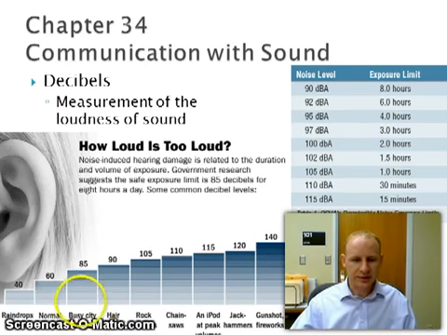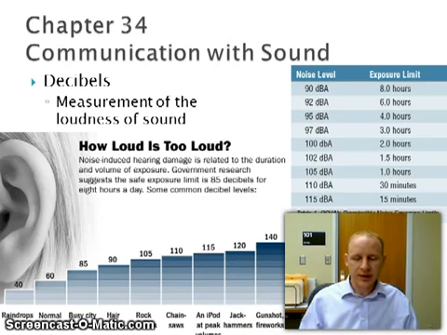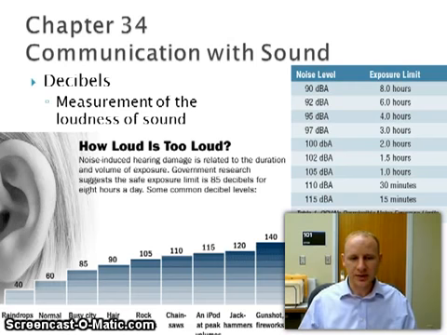Moving up, a chainsaw is going to run at about 110 decibels, to a jackhammer at 120 decibels. So we have the loudness of it, but then in terms of exposure limits, that takes into play the length of time. So it's not just how loud is it, but it's also how long are you exposed to that loudness or that decibel of sound.